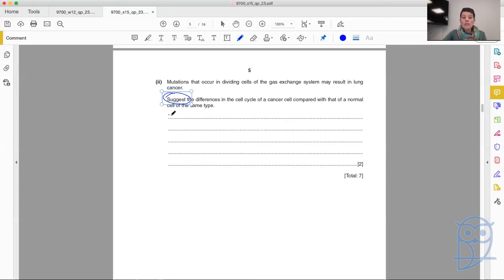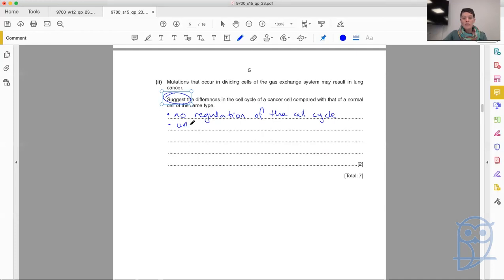There is no regulation of the cell cycle. Because of that, you would have uncontrolled cell division. Now, what's going to be the implication of that on interphase? We would expect that if we go and divide, that interphase is going to be shorter.